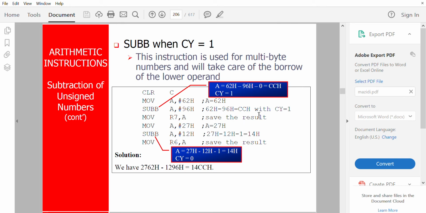So in this case, when you're using multi-byte, the carry should be equal to 1. The carry should be made equal to 1, and then only subtract.